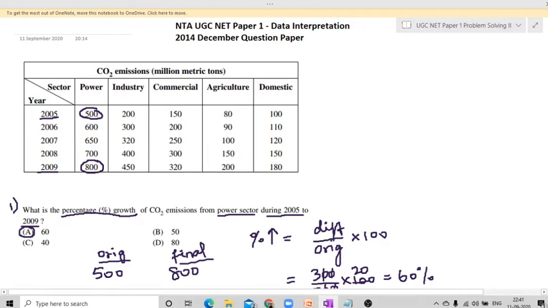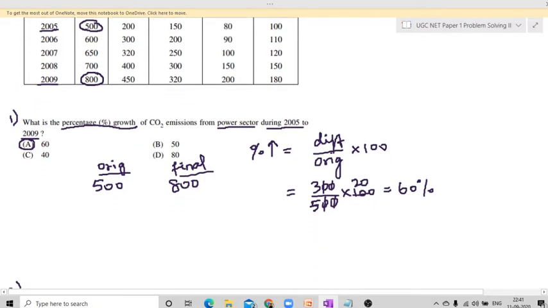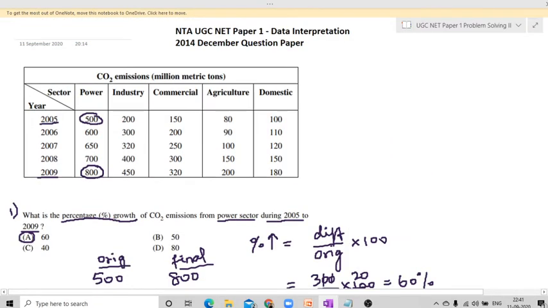For the power sector, it is very clear: it is 500 to 800. Let's note the values. Next, we have the industry sector, for which it is 200 to 450.